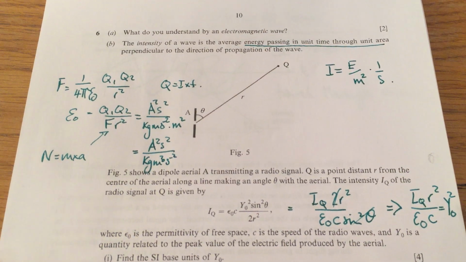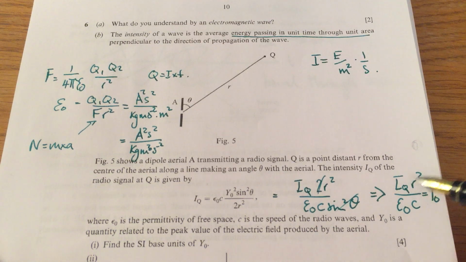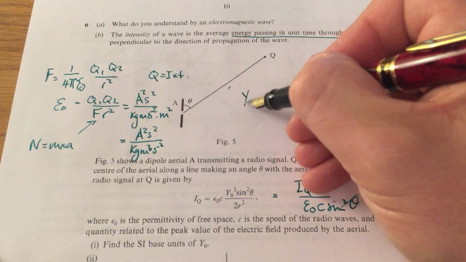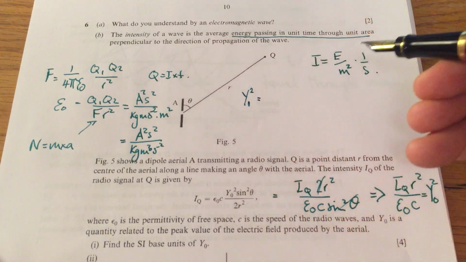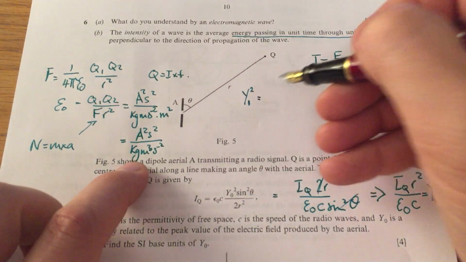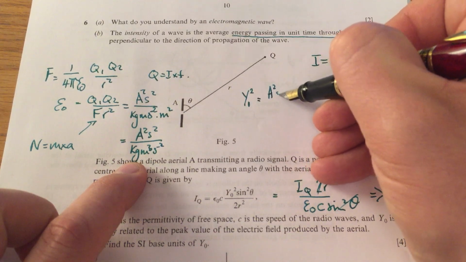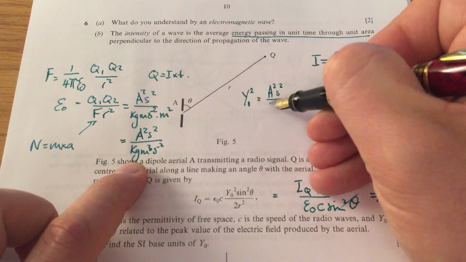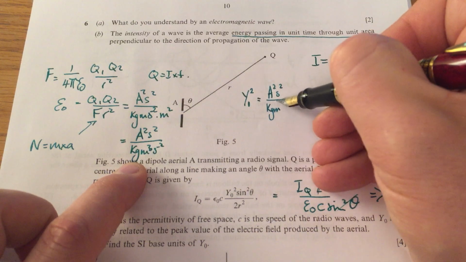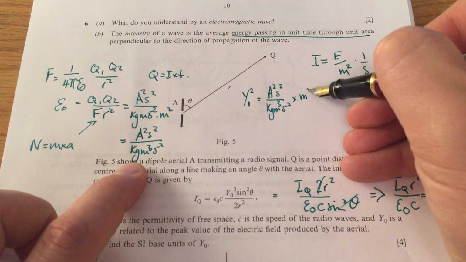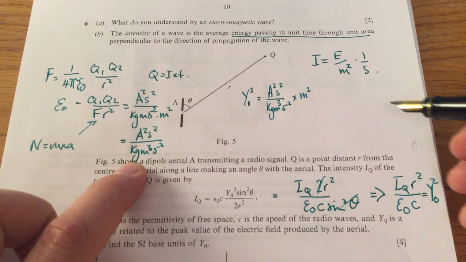Okay, now I need to plug all these together. So I've got my E naught, I've got IQ, I've got R, C is a speed, of course, and that gives me Y naught. So let me bolt that all into that. Y naught squared equals what I've just got here, amp squared second squared over kilogram meters cubed seconds to the minus 2, multiplied by meters squared, because I've got that on the top.